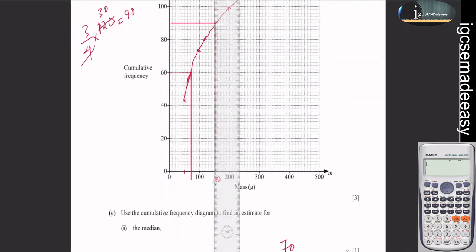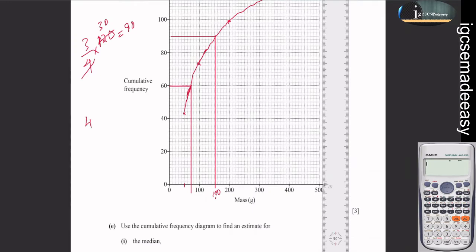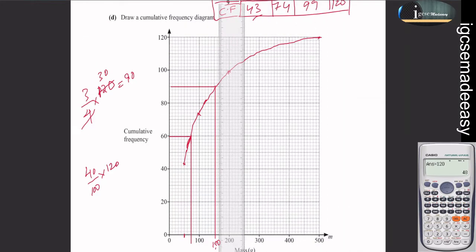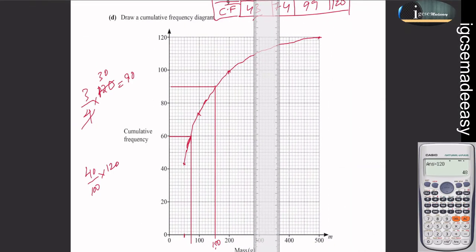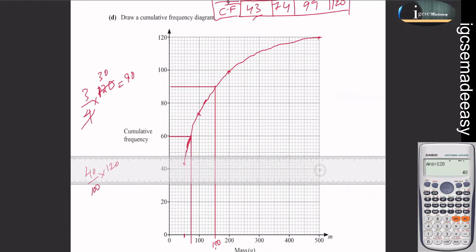So let's find out the 40th percentile. 40th percentile means 40% of 120 we have to find. So 40% of 120, we'll use our calculator. 40 divided by 100 times 120 gives you 48. So we have to plot the value for 48. This is 50 and this is 48, right? So we have to plot here.